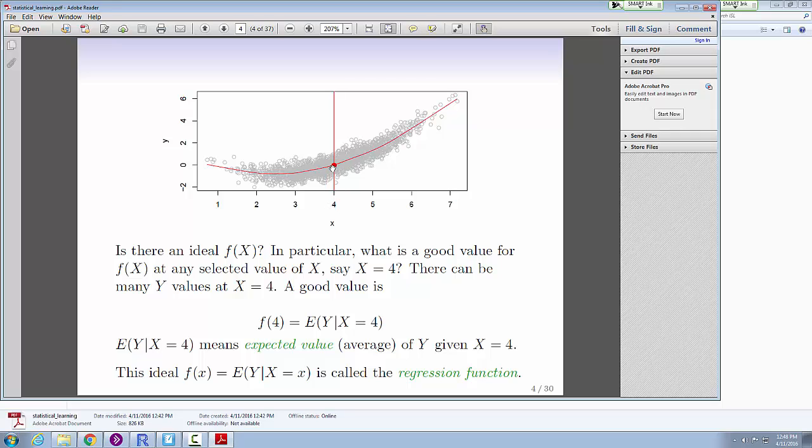So for the next individual that comes in with X equal to 4, for whom I don't know Y, my best guess, according to this model, is that red dot. That red dot is, in probabilistic terms, the expected value of Y conditional on X equaling 4. It's an expected value, which is just a fancy average.